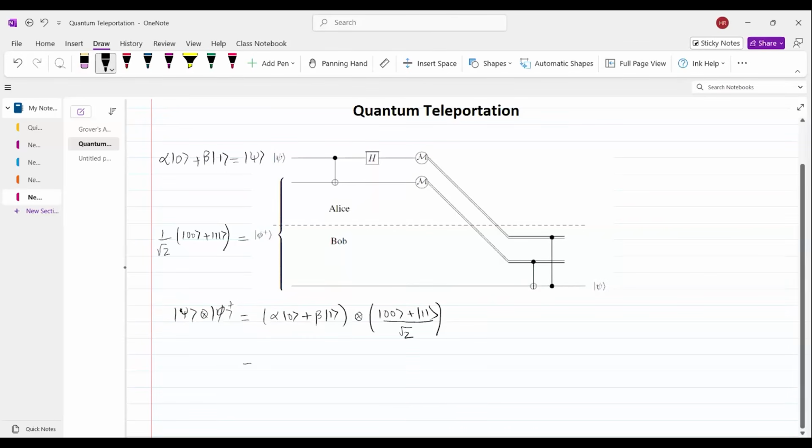And we can expand this expression. And what we get is alpha 00 0 plus alpha 0 11 plus beta 1 00 plus beta 1 11.